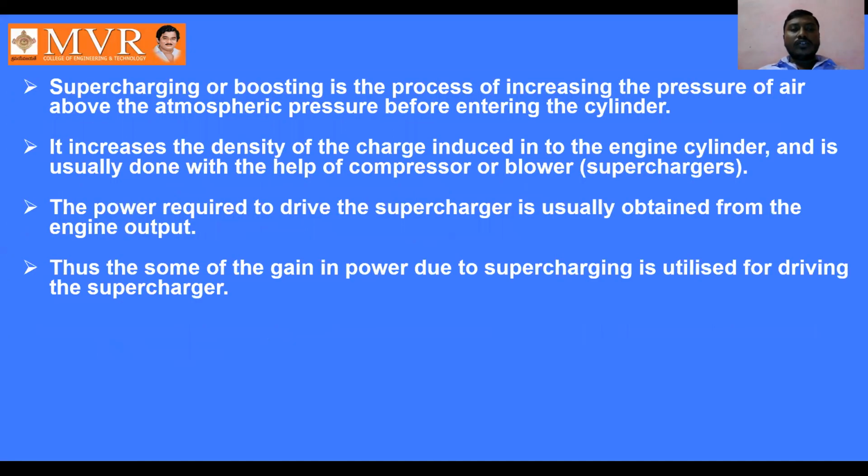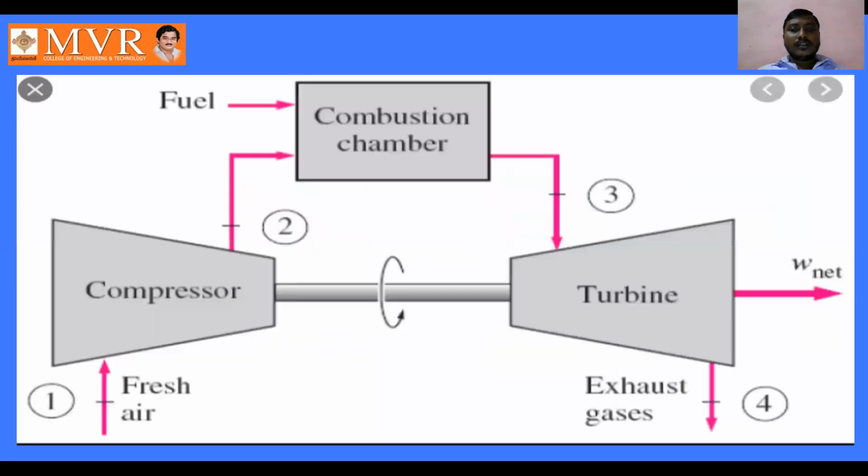Coming to the next topic, the gas turbine plant. We can observe here four main components used in the gas turbine power plant: the compressor, the combustion chamber, the turbine, and the exhaust gas.